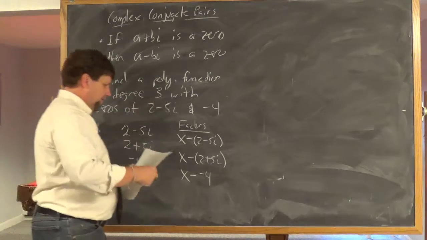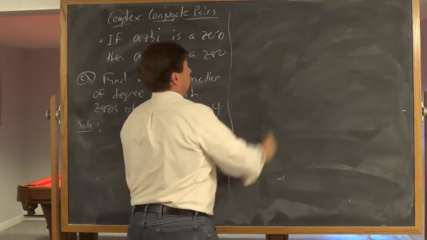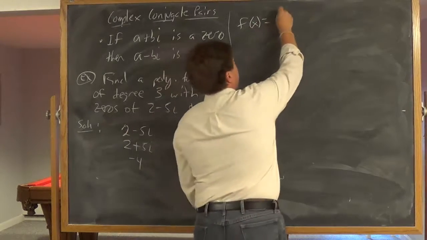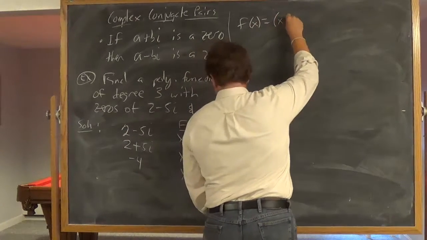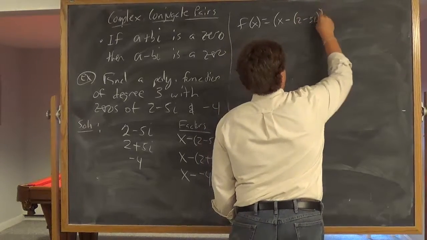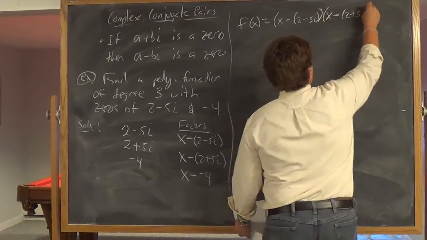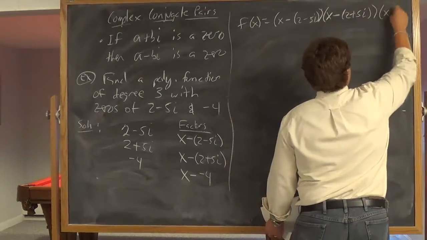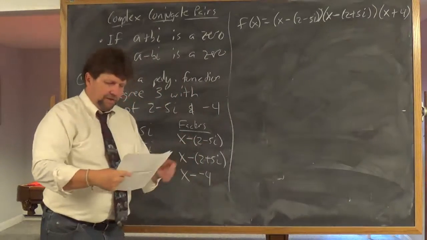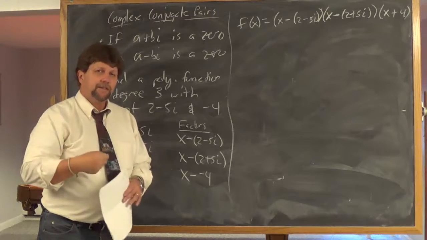So if we bring the factors on over here, draw a little line down, we're going to take the factors x minus 2 minus 5i times x minus 2 plus 5i times x plus 4. So we're going to take these factors and multiply them together, and the hardest part here is just taking your time.